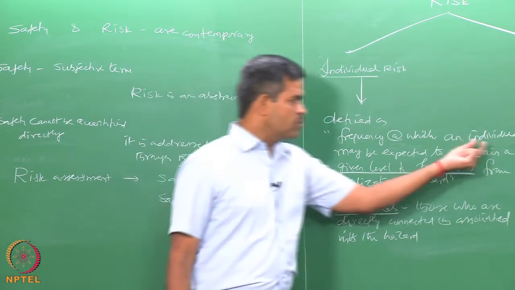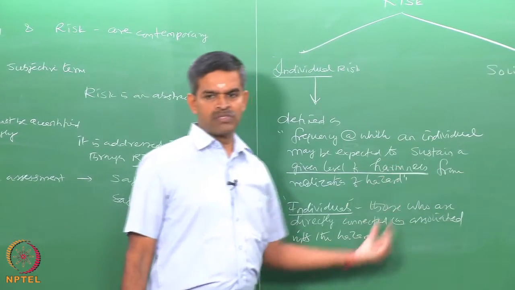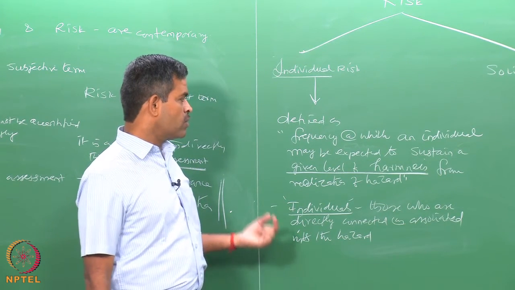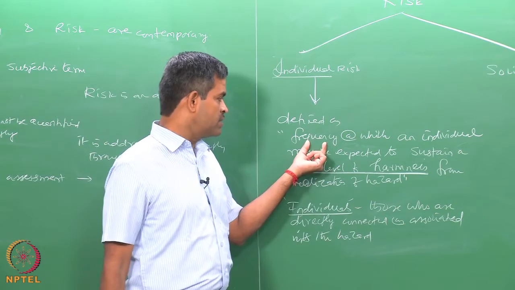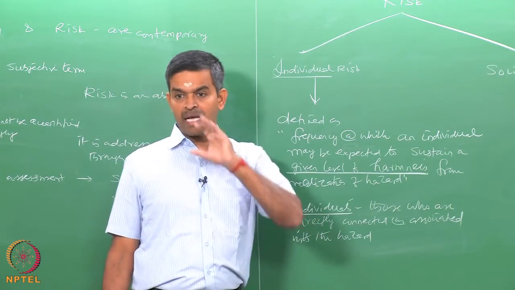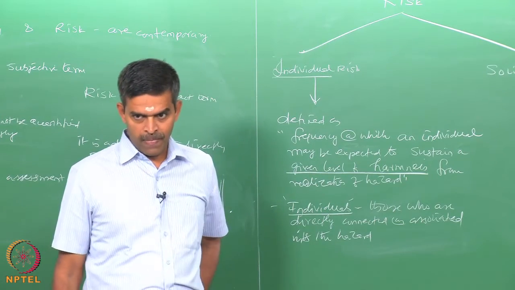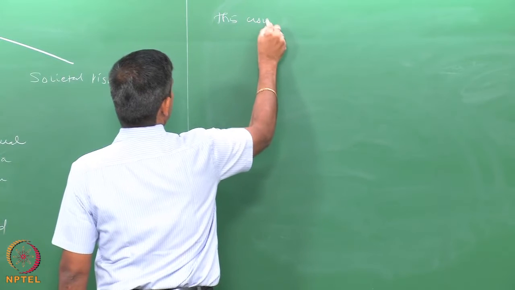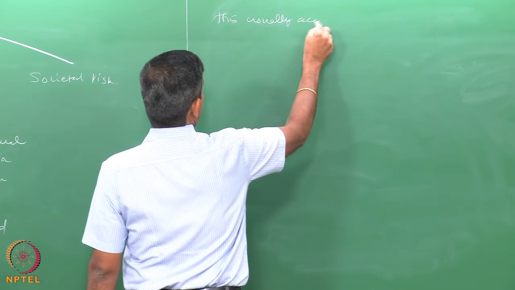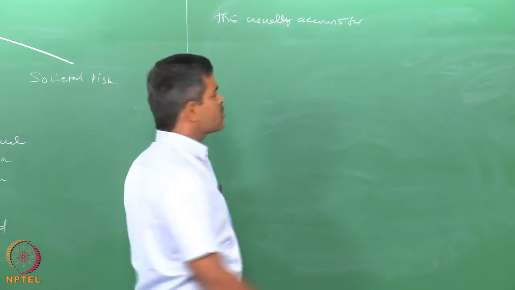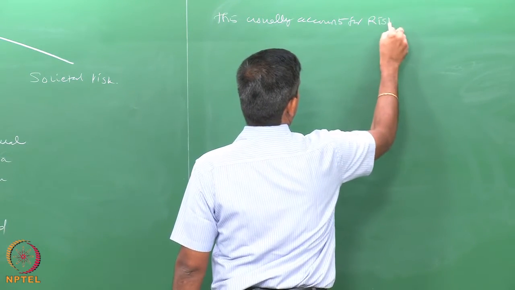Therefore, if an individual who is directly connected to the process industry, if we want to quantify the frequency at which he is expected to sustain a given level of harm, that is an acceptable level of harm, then we call it individual risk. This accounts for risk of death usually.